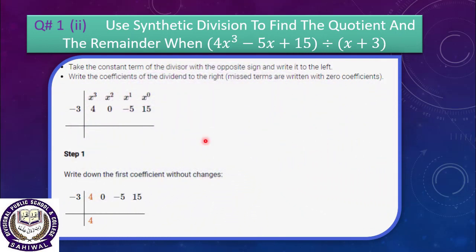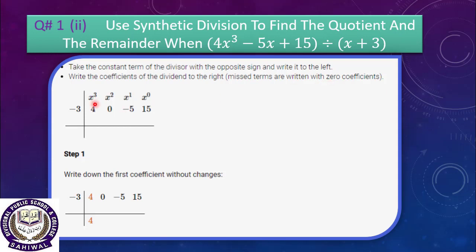First, take the constant term of the divisor with the opposite sign and write it to the left. The +3 in the divisor will become -3, and we write it on the left side. Then we write the coefficients of the dividend to the right side, with the missing term written with 0 coefficient.